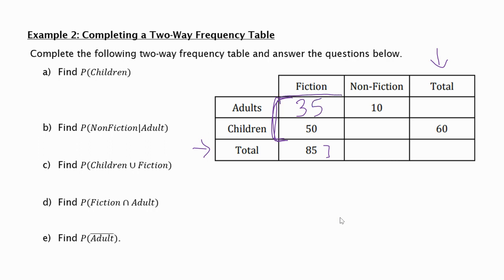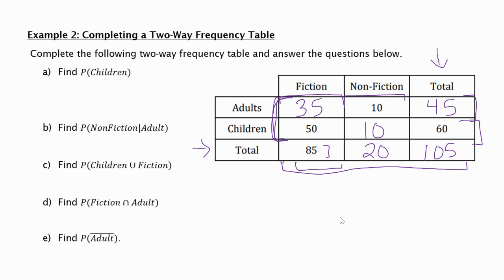The adults who like fiction and nonfiction add up to the total of adults, which is 45. The number of adults and children will be the total number of people, that's 105. Then from there, we can do some subtraction. If the total is 105 and 85 chose fiction, the remaining shows nonfiction, which was 20. And then I can get this to be 10.